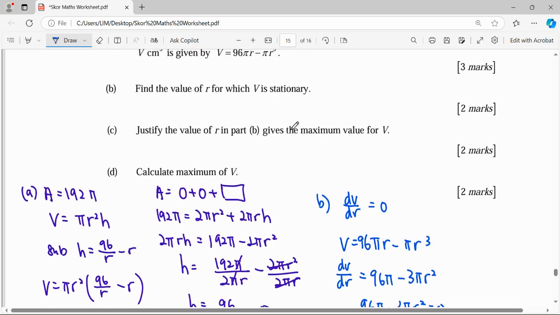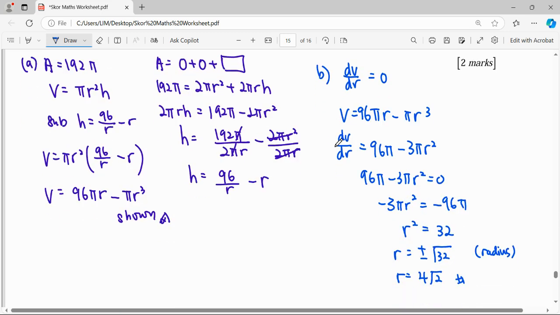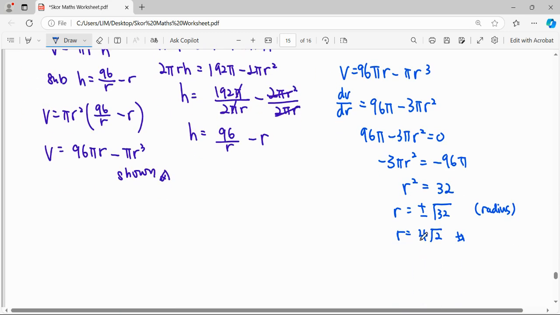Justify that this value of r will give you a maximum. So with this stationary or critical number, we now need to justify, meaning we need to do a test. We will use the second derivative test, d2V/dr squared. So differentiate this: the constant gives 0. Differentiate this, power moves to the front, power minus 1.